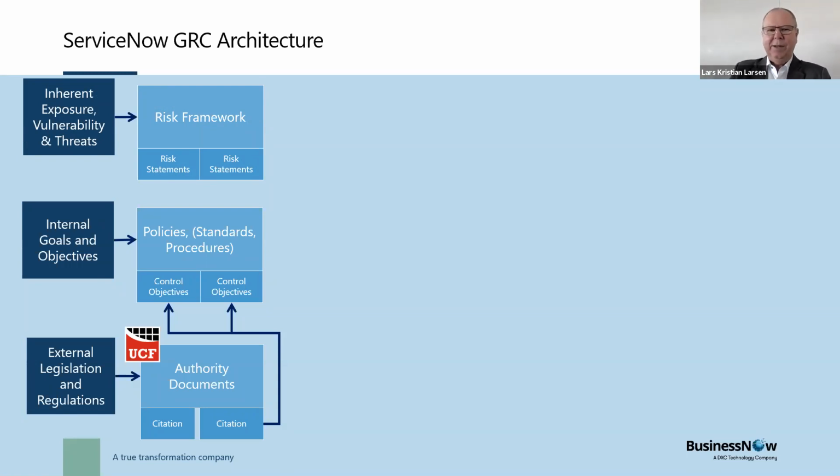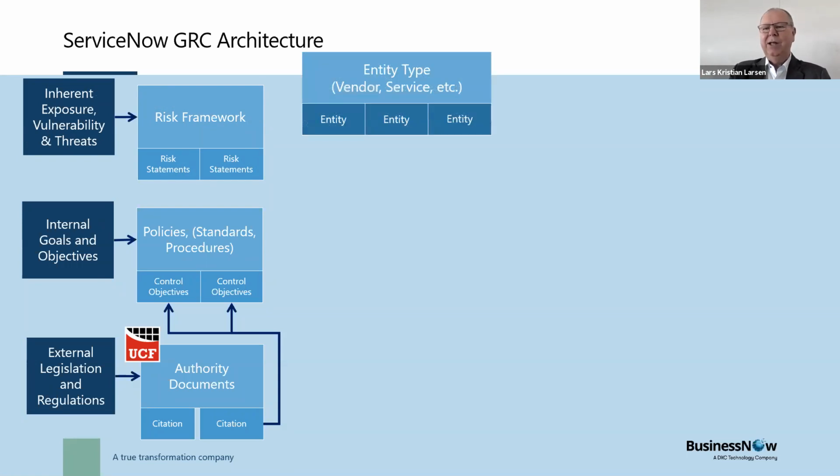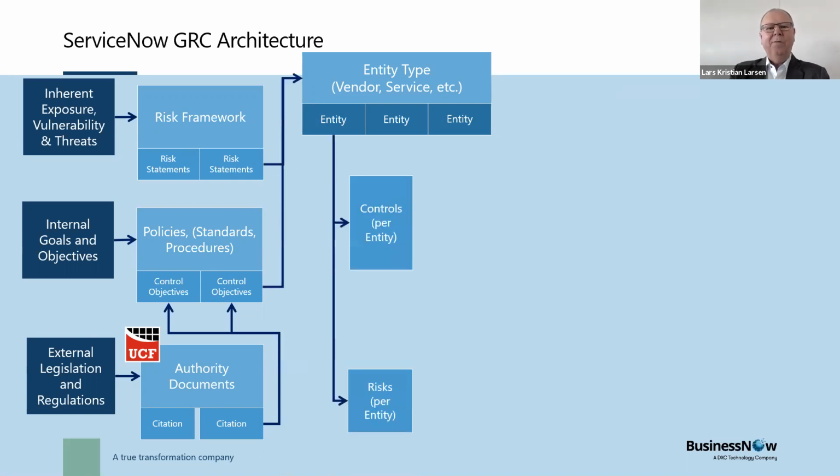And that's obviously something that we then need to look at within the organization, with the vendors that we have, the services that we use, with the structure that we have with the departments within the organization. So all these entities are working with the risk, they're working with the control objectives, and every entity then needs to look at the controls and also the risk that we have in the organization.